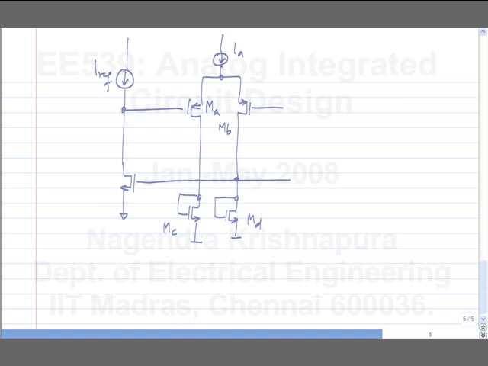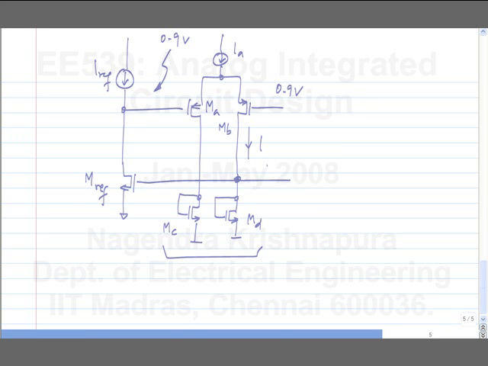What should be the sizes of MC and MD? Can it be anything? What is the voltage we want here? 0.9. Okay. So let's say it is operating as desired and it is at 0.9 volts. So what will be the current here? Because of symmetry, it will be IA divided by 2.